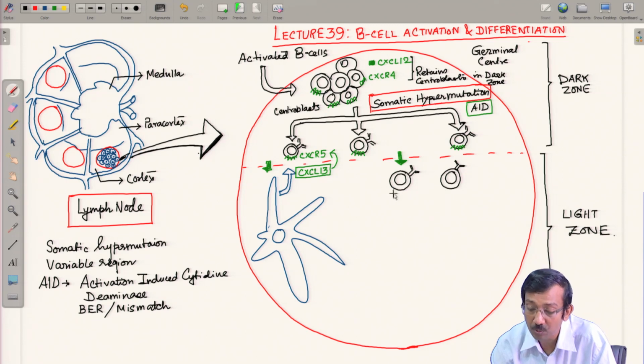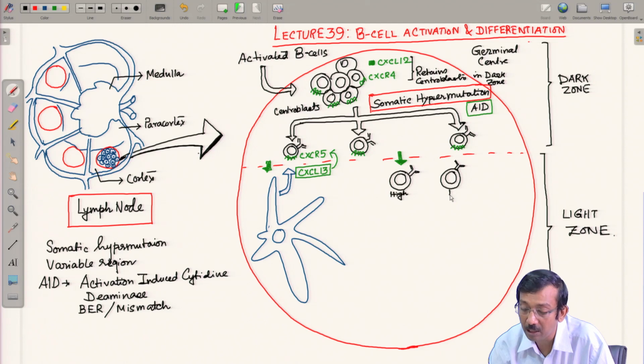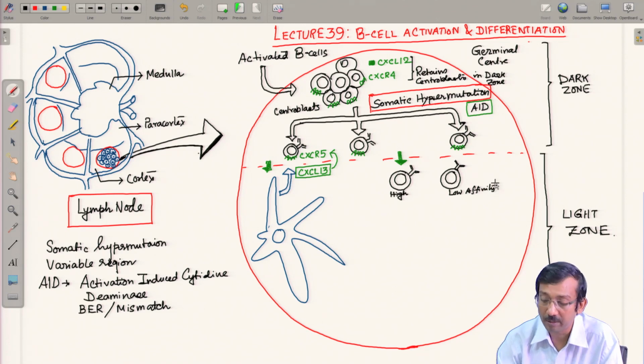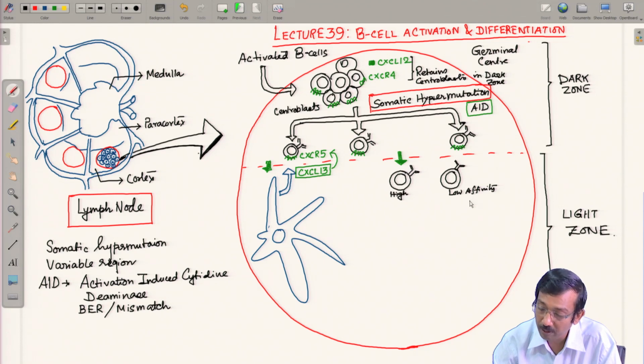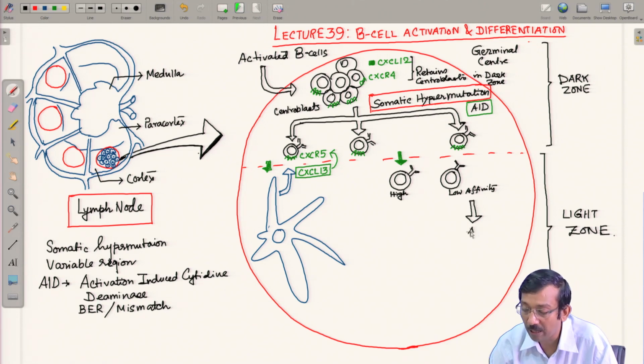Let us say this one has a high affinity mutation and this one has a low affinity mutation. So this one, which has less affinity towards the antigen, will undergo apoptosis.